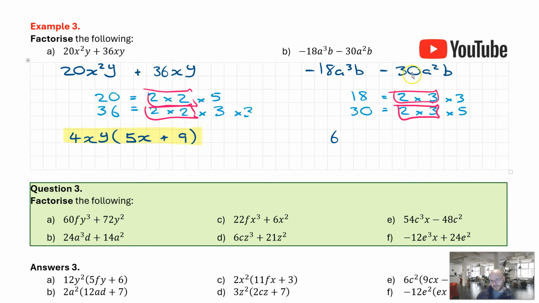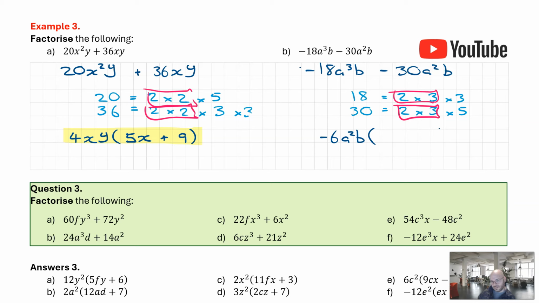So our product outside is going to be 2 3's, which is 6. Next, we look at the variables. We have an a cubed b and an a squared b. The common a's across here are a squared, and the common b's are just b. So we're going to go 6a squared b. Finally, notice that we have a negative on both of the coefficients here. Because we have a negative on both the coefficients, we can just take it once and move it outside.